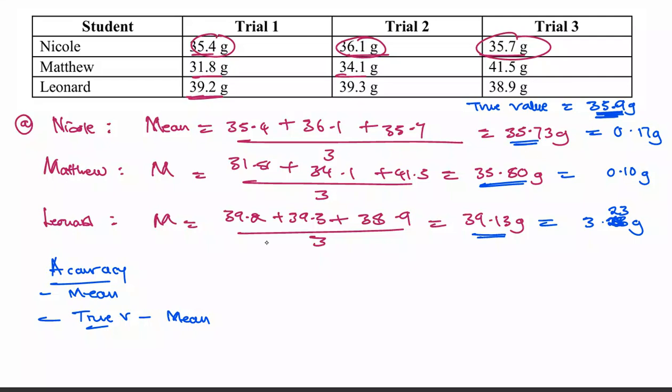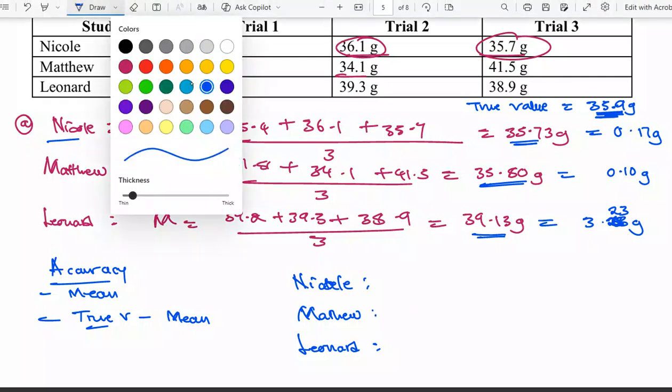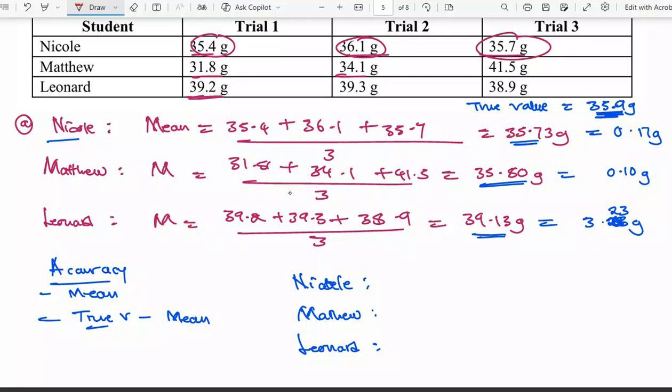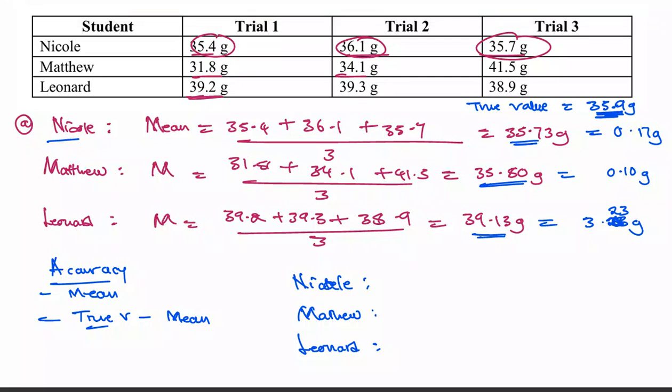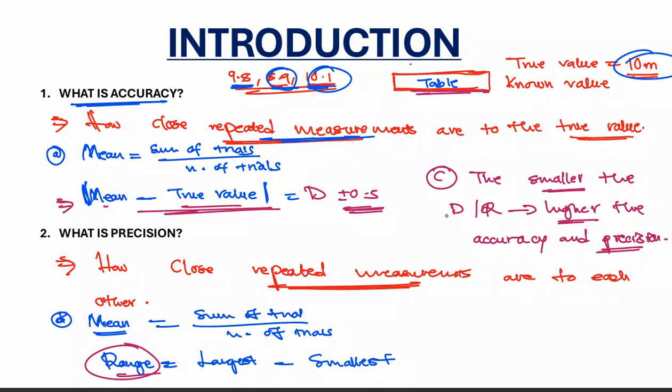Okay, so now we want to comment on the accuracy of each of the students. So we have Nicole, we have Matthew, and we have Leonard. What we need to recall is that the smaller the difference, the higher the accuracy.